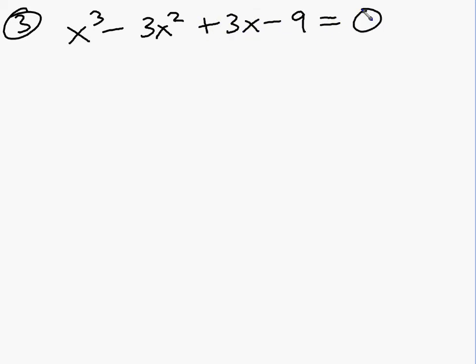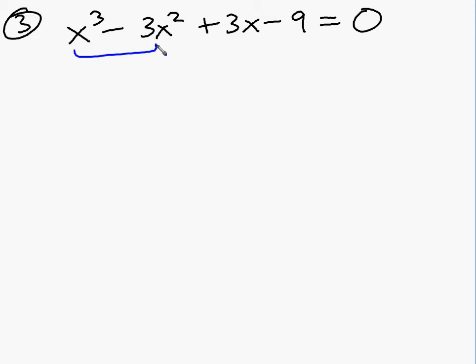What if I have this one? x cubed minus 3x squared plus 3x minus 9 equals 0. If I see 4 terms in a polynomial, automatically I'm thinking I need to try to factor it by parts. Okay? So it's just like when we do the product-sum method for quadratics.